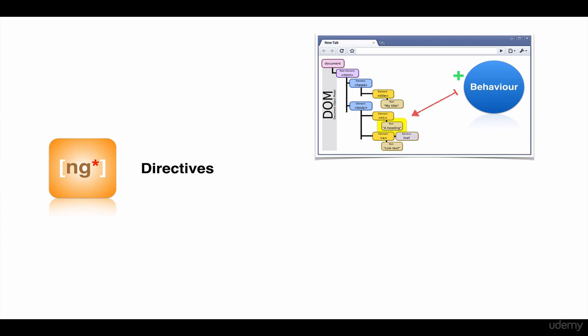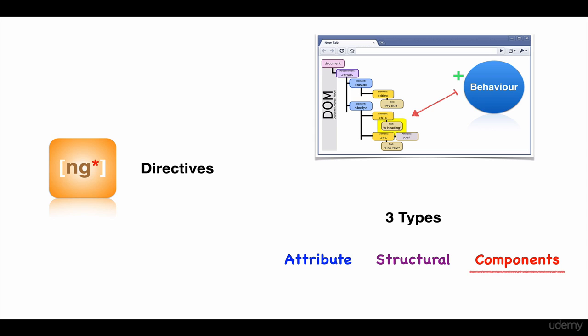This behavior can add or remove certain elements in your DOM, or it can add different styles to a specific element. And it has three types. One is attribute, second is structural, and third, components. On the next slide, we will learn more about components.